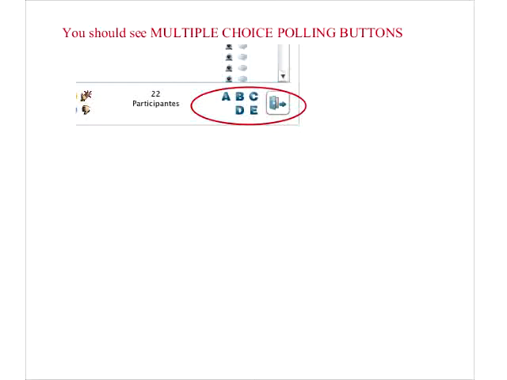Okay, just to make sure we all know where these are, please pick A on your polling buttons so that I can make sure that all of you are on the same page here. Everybody pick A just to make sure you can find these polling buttons. Okay, most of you have it.